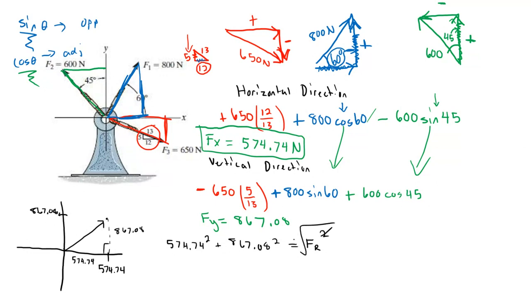Find the square root on both sides. That cancels out with that because they're opposites, and opposites cancel each other out. So find the square root of 574.74 squared plus 867.08 squared, and that will give you a total of 1040.81 newtons. Okay, and that's it. That's it for the resultant force.